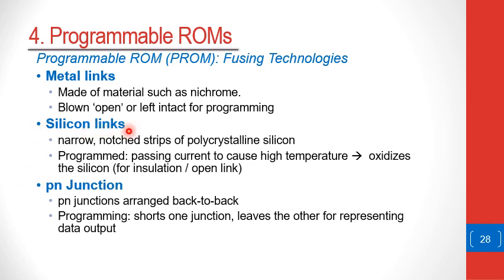An alternative to this is a silicon link, which is made up of narrow notched strips of polycrystalline silicon. So the fuses are made of polycrystalline silicon as opposed to the metal in the metal links. Programming involves passing current through the silicon link, which results in a high temperature, and this high temperature oxidizes the silicon.